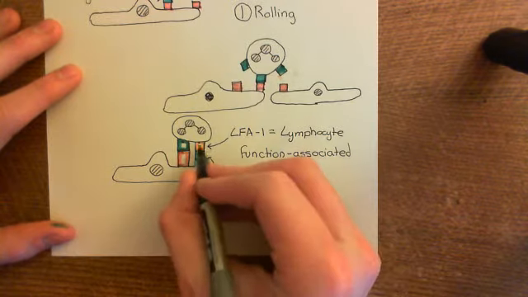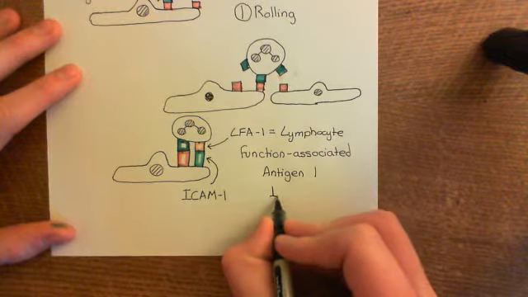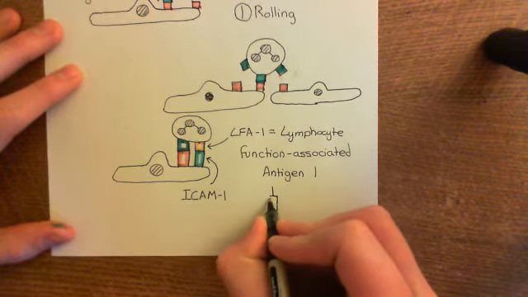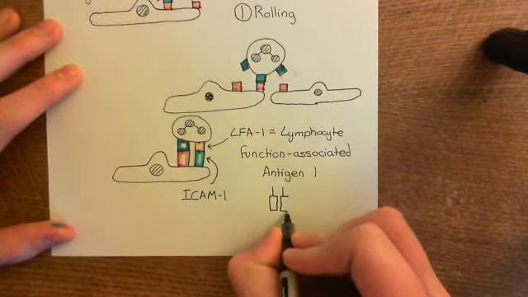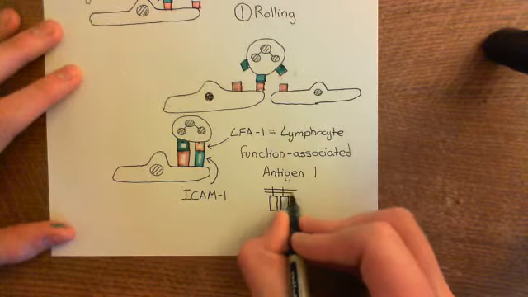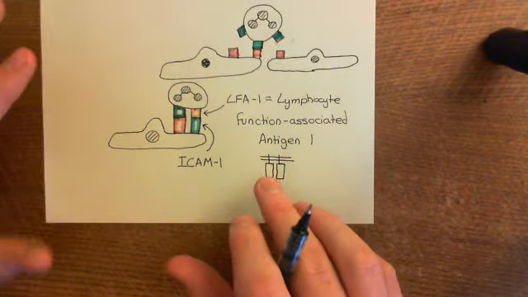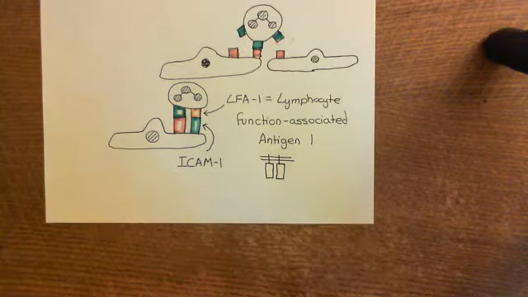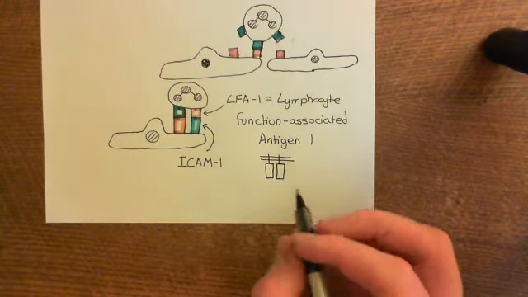If we zoom in on the structure of LFA1, it will actually have more than 2 proteins making it up, because each of these subunits consists of slightly more than 1 protein. Well, some of them do anyway. The integrin family cell adhesion molecules all have these 2 subunits, an alpha subunit and a beta subunit.